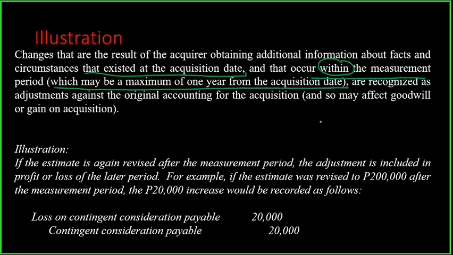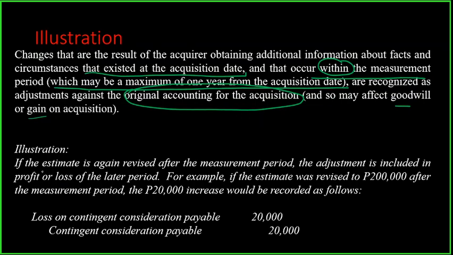Are recognized as adjustments against the original accounting acquisition. So, as long as they took place within the measurement period and this information already existed at the acquisition date, you can make the necessary adjustments, which means it will affect your goodwill or gain on acquisition.